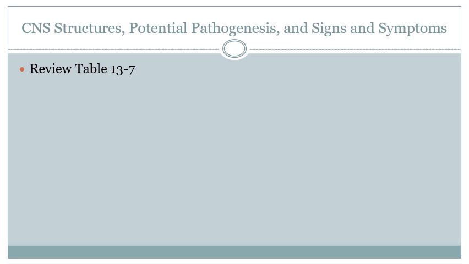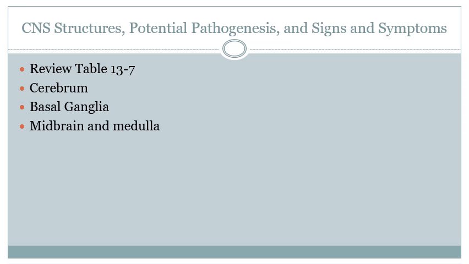I'm just going to note the structures here. You can see the possible pathologies, and you'll also see this as we go through the pathologies in the other parts of the discussion. So you look at the cerebrum, the basal ganglia, the midbrain, and the medulla, basically the brainstem complex.